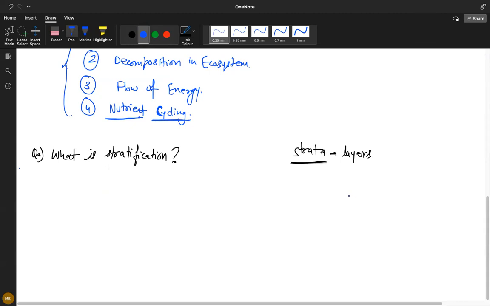So in lakes and ponds, we know that this is the water. A lake has a lake bottom, or a pond has a bottom, right? And then a surface of water. So if you see, there is a vertical depth to this ecosystem. There is a vertical depth to every ecosystem, not just aquatic. So in ponds, there will be many species of fish and other kind of aquatic organisms living. There will be plants as well, aquatic plants. So some plants in a pond will just float at the surface, right?